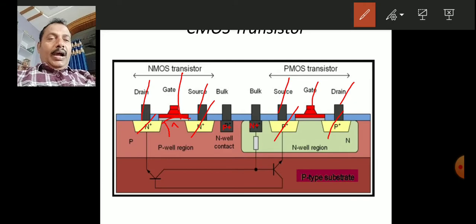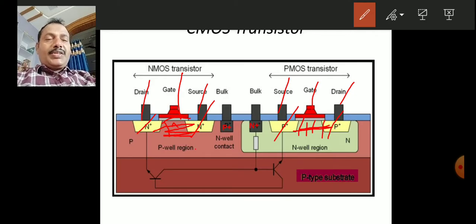And after that, here this is the n channel. You see, between the n plus regions, an n channel is enhanced in the region while working. And in this, a p-type channel is formed with the enhanced type, because these are enhancement type transistors.